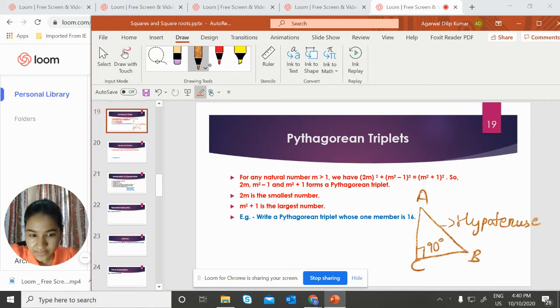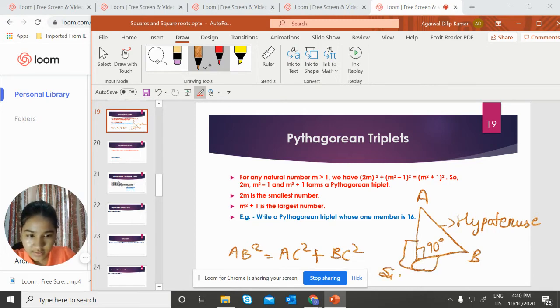Yes, I had taught you that AB square is equal to AC square plus BC square, right? So if we have named it like that, then the square of the hypotenuse will be equal to the sum of the squares of the other two sides. These are what? Sides, or the legs we say.